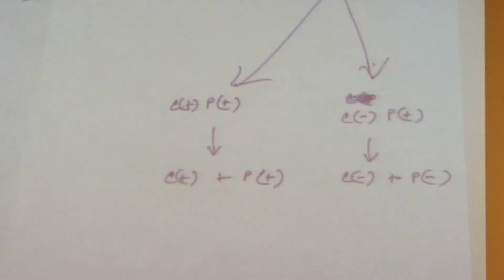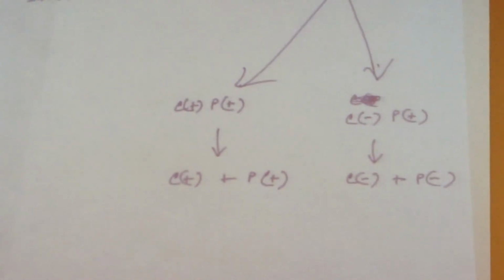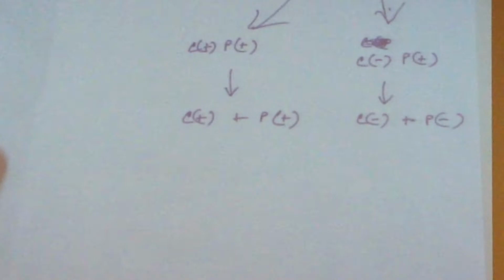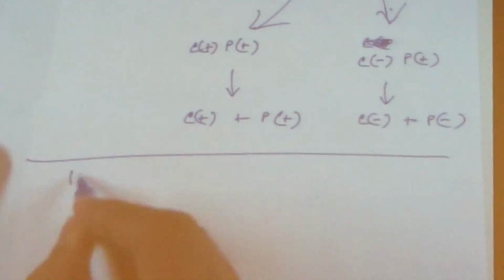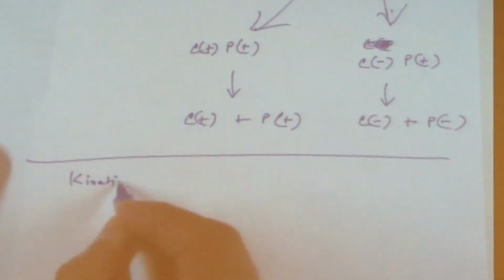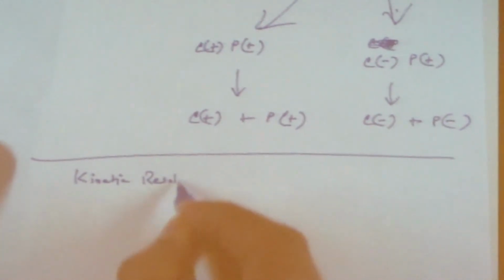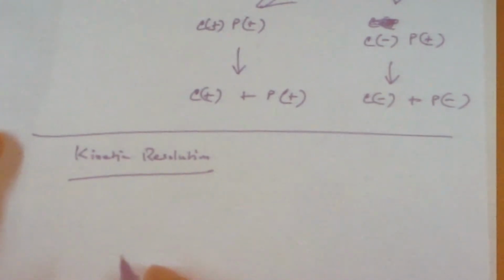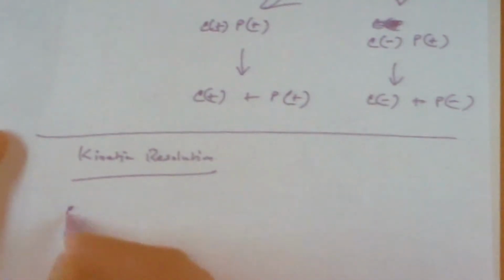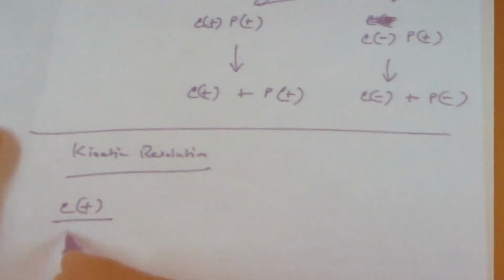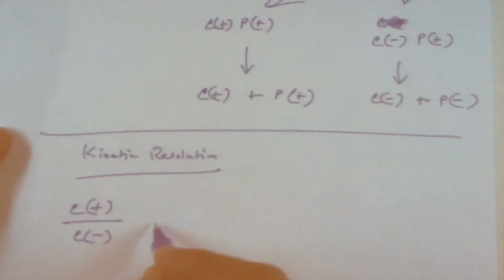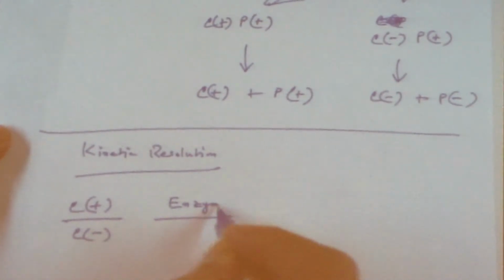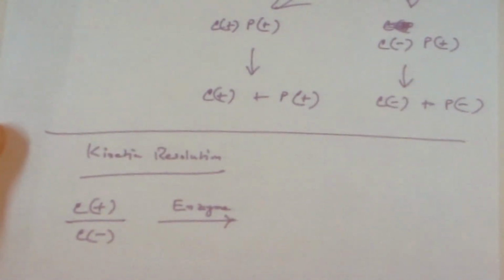A second method is using enzymes that will react only with one enantiomer. That is called kinetic resolution. In kinetic resolution, you get a C plus and a C minus compound treated with the appropriate enzyme that reacts only with one.